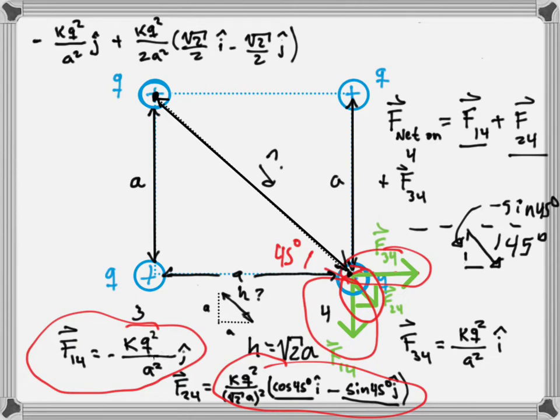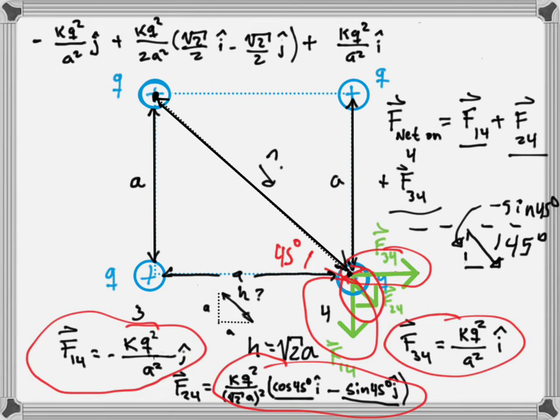If you remember from your trig classes, cosine of 45 is the square root of 2 divided by 2, so I wrote that times i hat, and then minus sine of 45 is minus square root of 2 divided by 2, and then we multiply by j hat. So that is the vector F24. And finally the vector F34, which we wrote as kq squared divided by a squared times i hat.